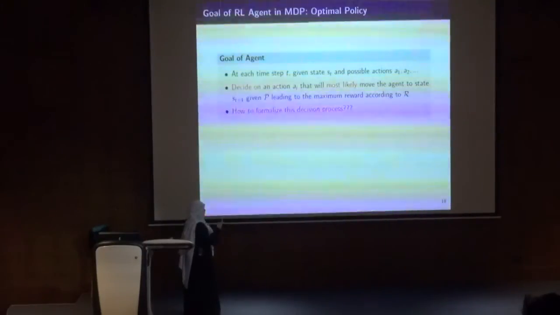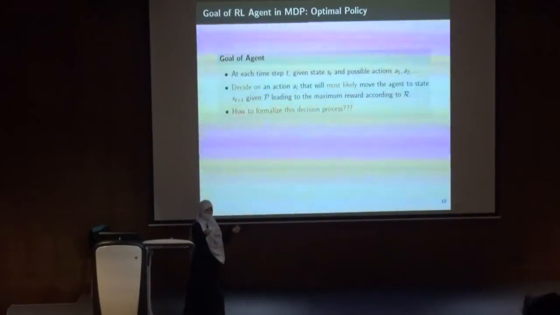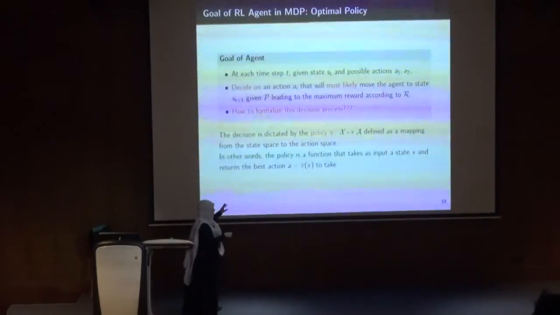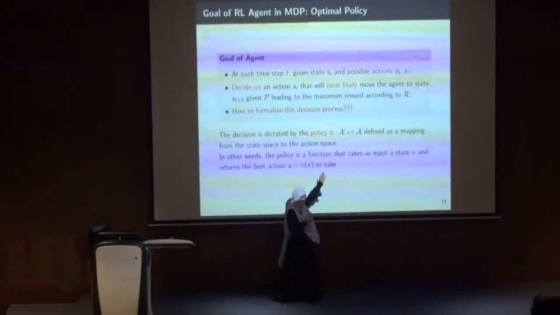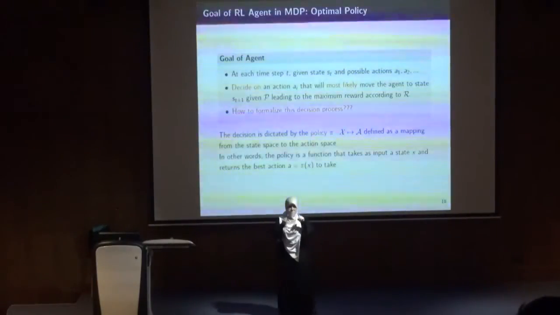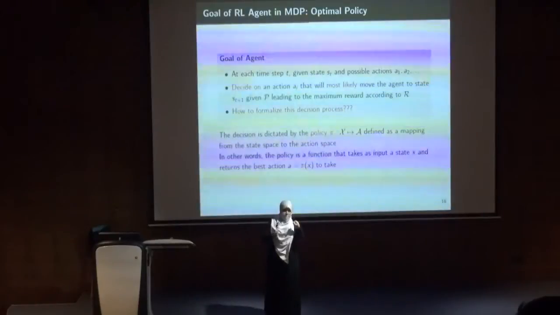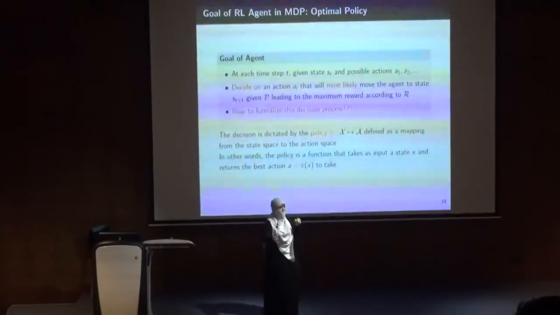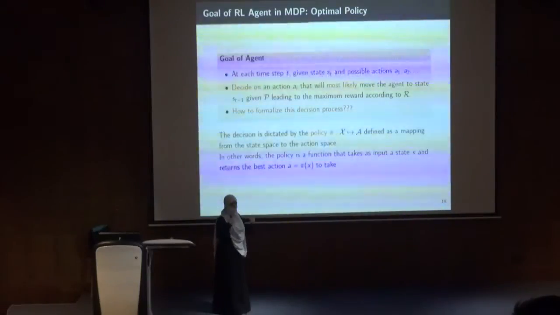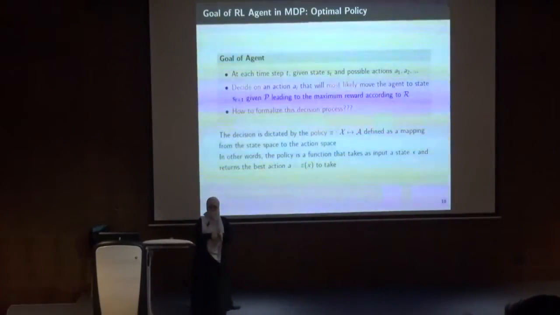To formalize this decision process, we introduce what we call the policy. The policy usually takes as input X and produces as output A. I have to learn this function that takes X and returns A, and we call this the policy, which is a mapping from the state space to the action space.